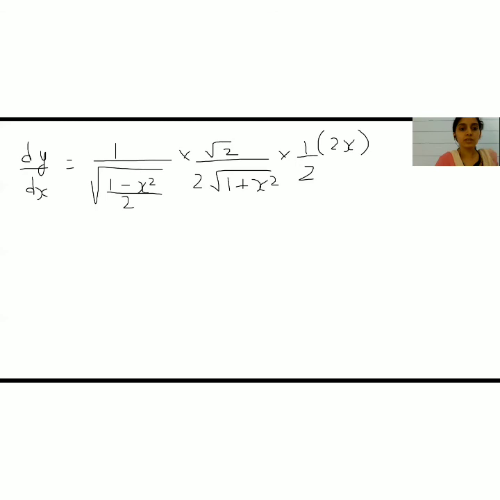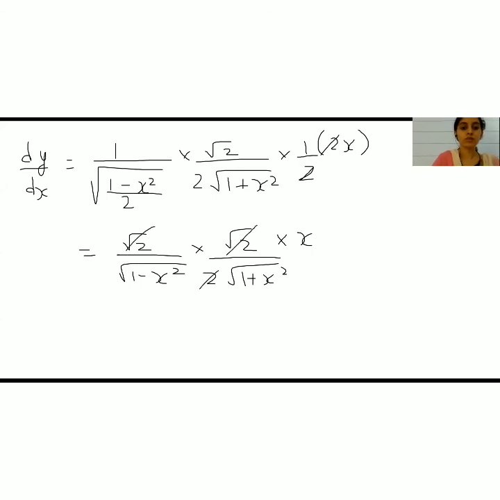So this will be root 2 upon root of 1 minus x square into root 2 upon 2 root of 1 plus x square into x. The root 2 and 2 get cancelled, so we are left with x upon root of 1 minus x raised to 4. It is the a square minus b square formula: a minus b, a plus b is a square minus b square. 1 square is 1 and x square squared is x raised to 4. So this is your final answer.